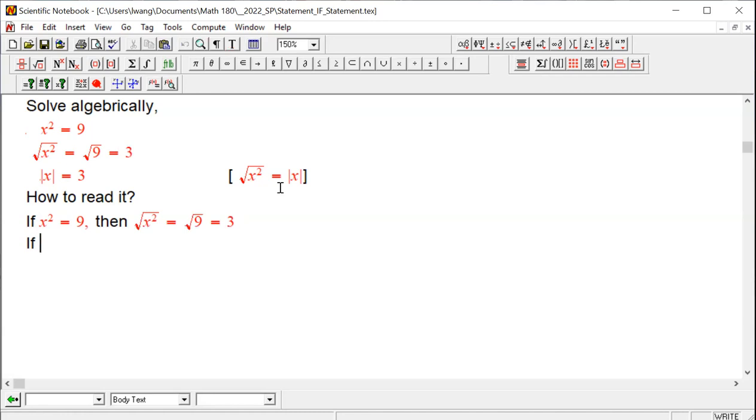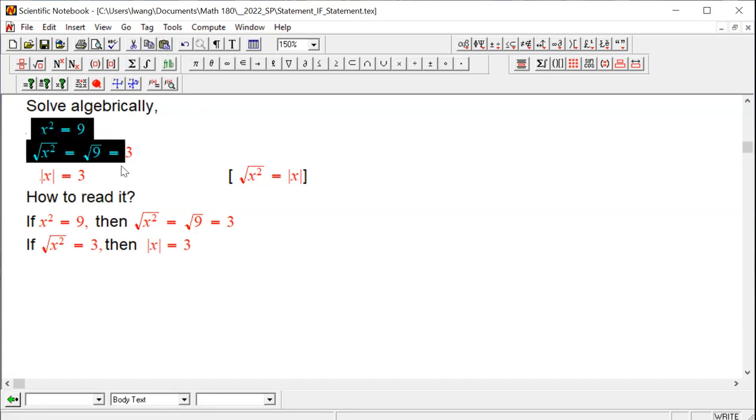And if this is true, then the absolute value of x equals 3.